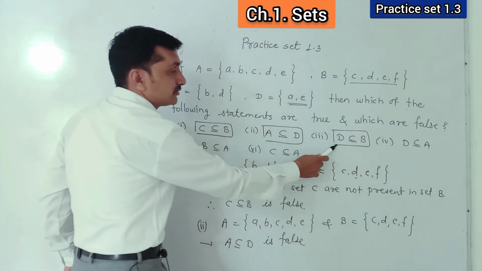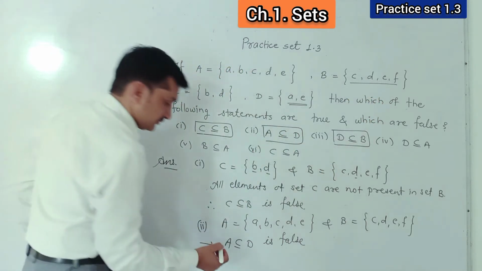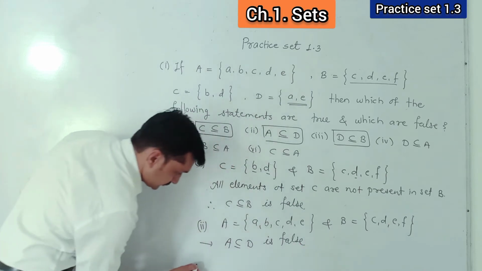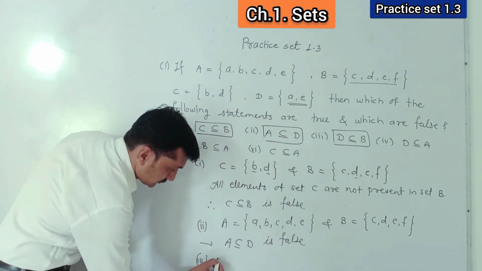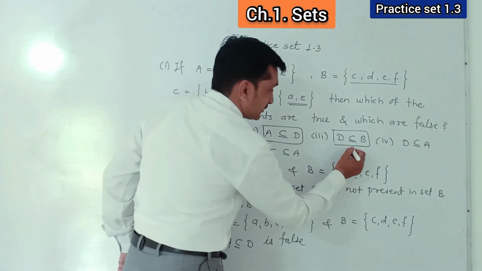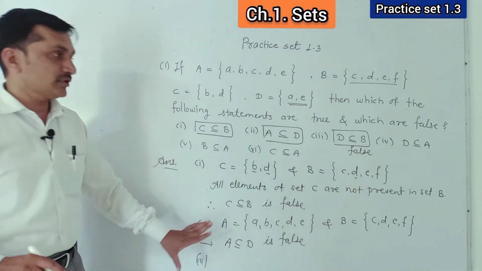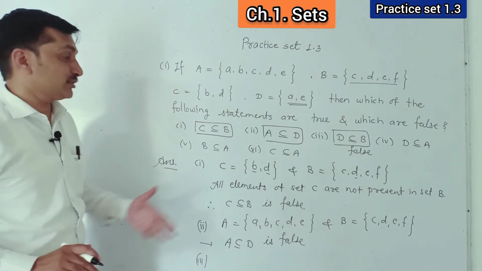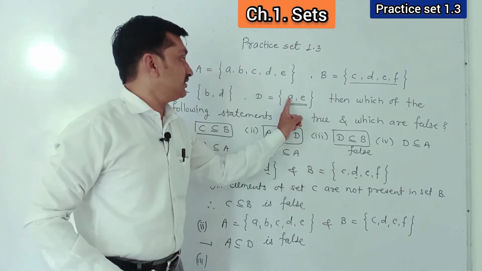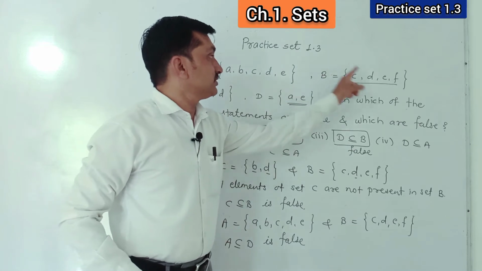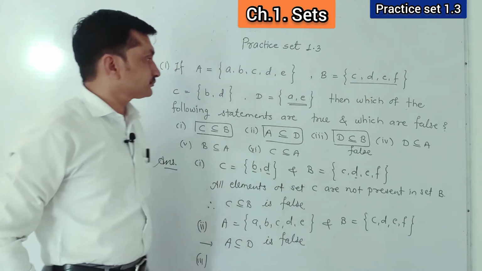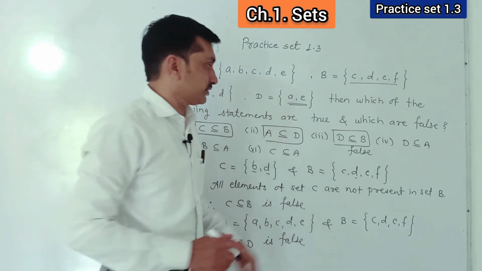That's why again third is false. Third also here false. Okay, third false. In this way you write down. Third is false because all elements of D are not present in set B. One is there, one is not there.